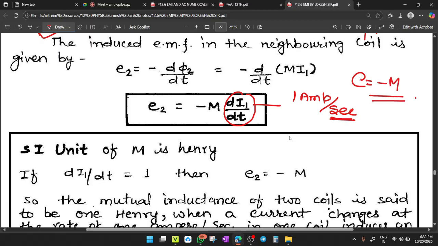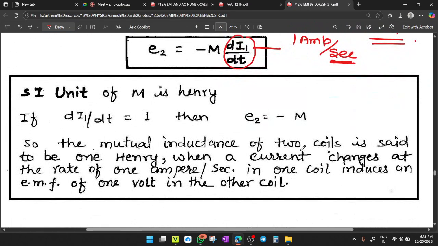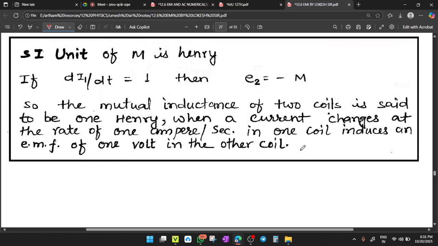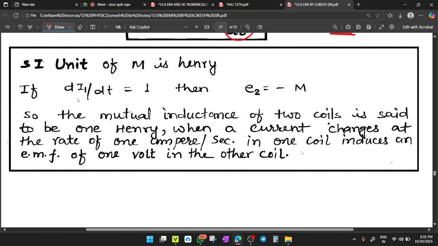Minus M. Then the induced EMF equals the coefficient of mutual induction. Got it? So the unit of M is Henry, same as in self induction, where the unit of self inductance was Henry. The SI unit of M is Henry. If dI1 upon dt is 1 ampere per second, then E2 is equal to minus M.